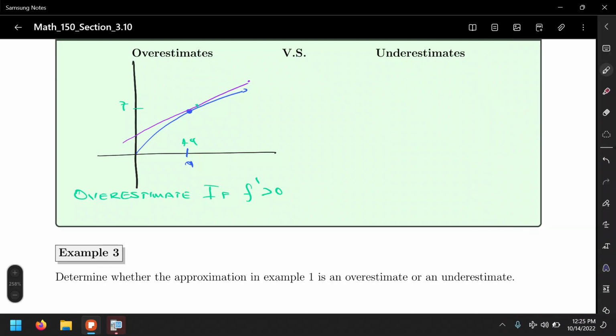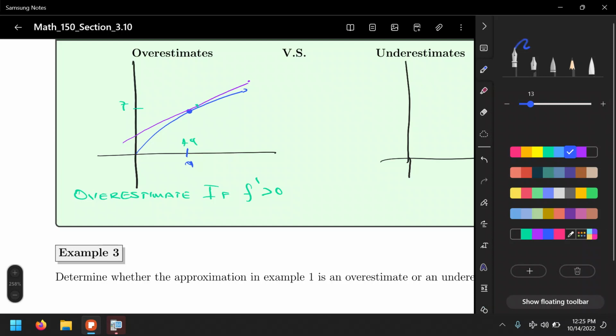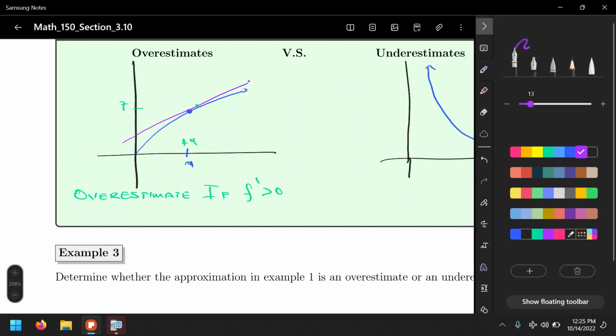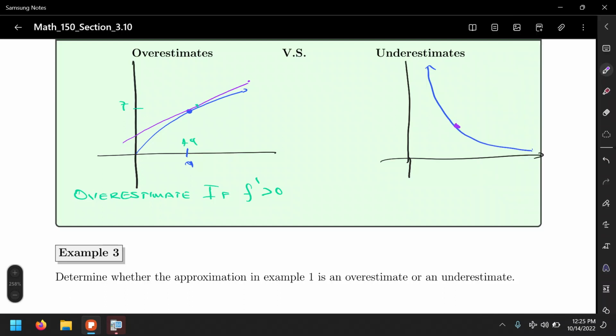And we will have an underestimate if we have, for example, a decreasing function. And in this case, we trace our tangent line, and notice how the approximations from the linear approximation are values that are below the actual values.